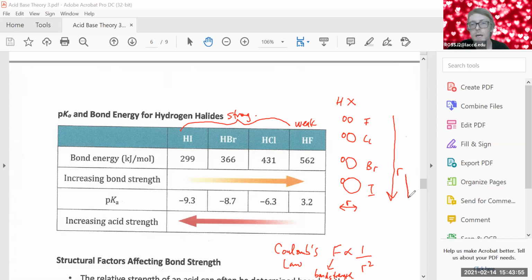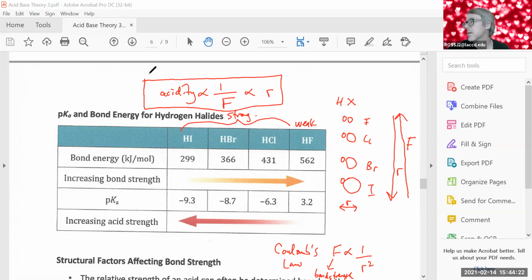And so the greater F, we know that acidity is proportional to 1 over F, which is proportional to R. So there's different proportionalities that we can look at.